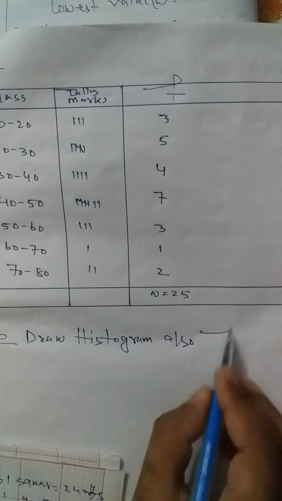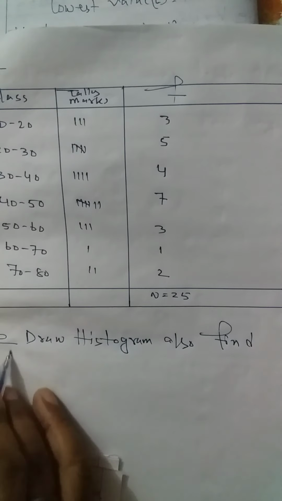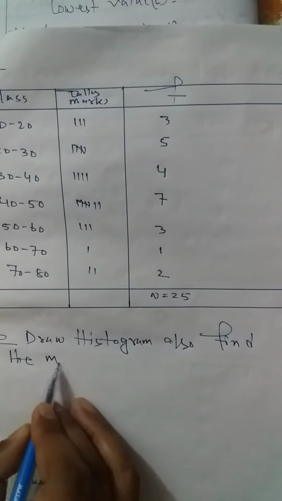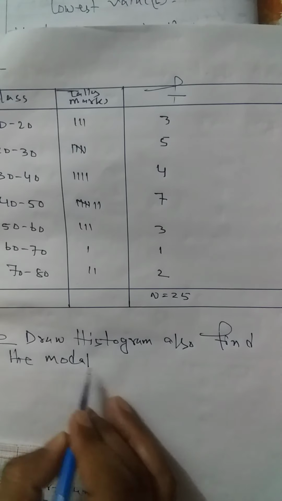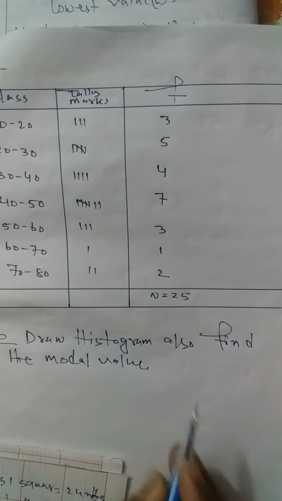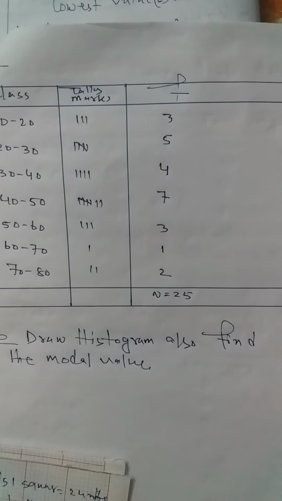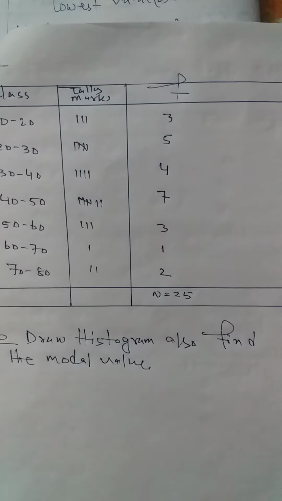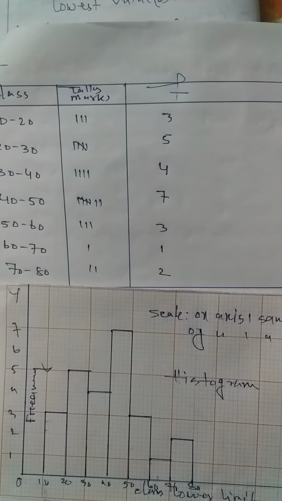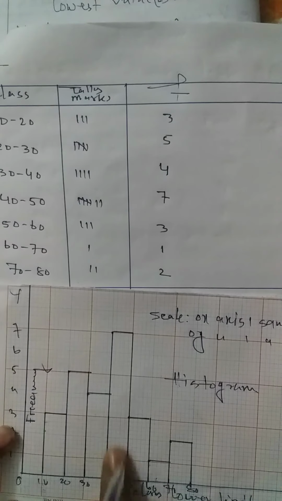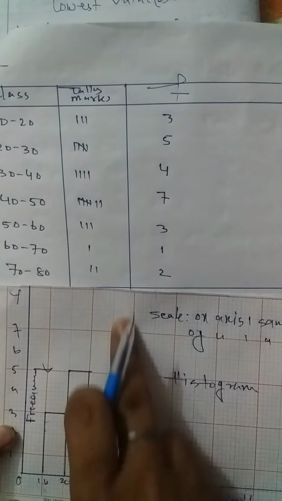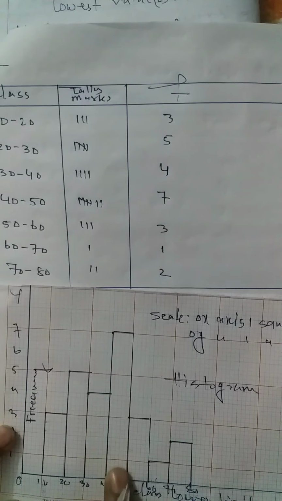Also find the modal value. Now we can apply the histogram to calculate the modal value, or mode. We can calculate the modal value from the histogram. At first we find the highest frequency bar of the histogram.